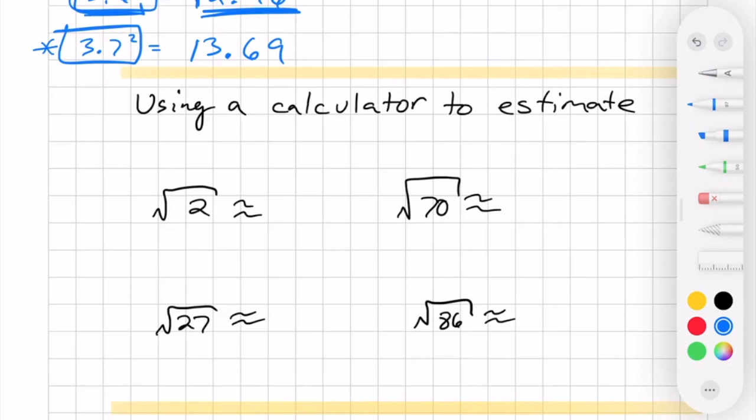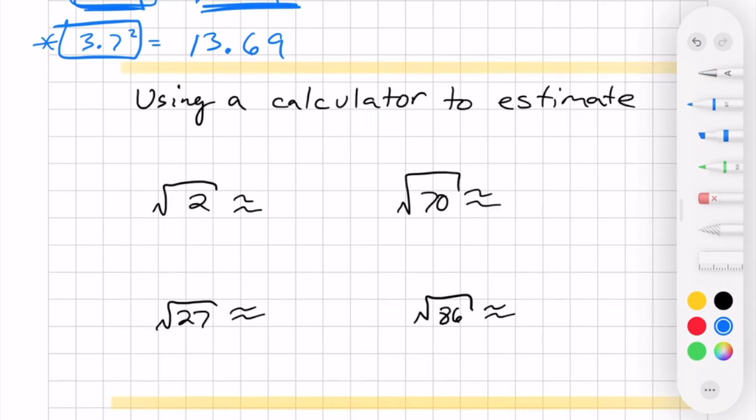Okay, so I know the square root of 4 is 2, and I know the square root of 1 is 1, right? Okay, so I know we're going to be in here somewhere, and as I figure this out, I would see which it's closer to. I'm going to use 1.5, and I'm going to square that.